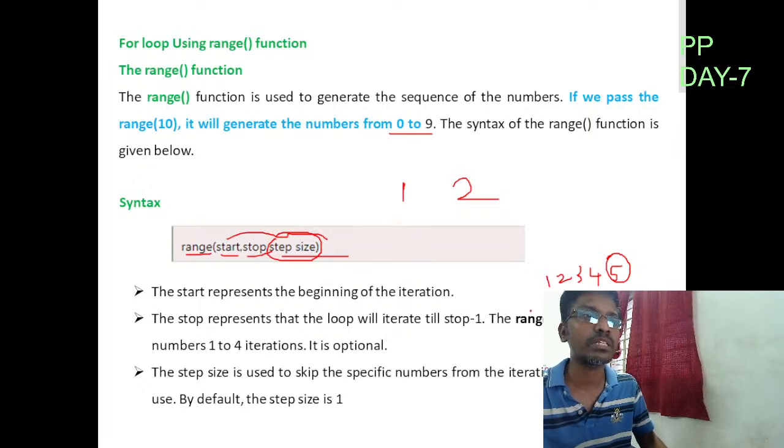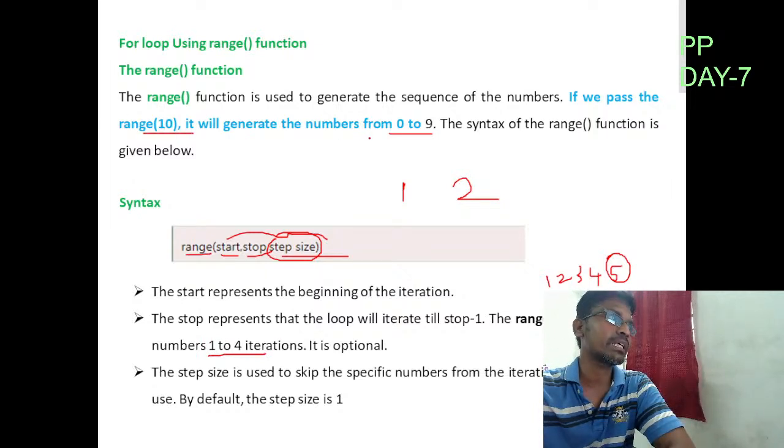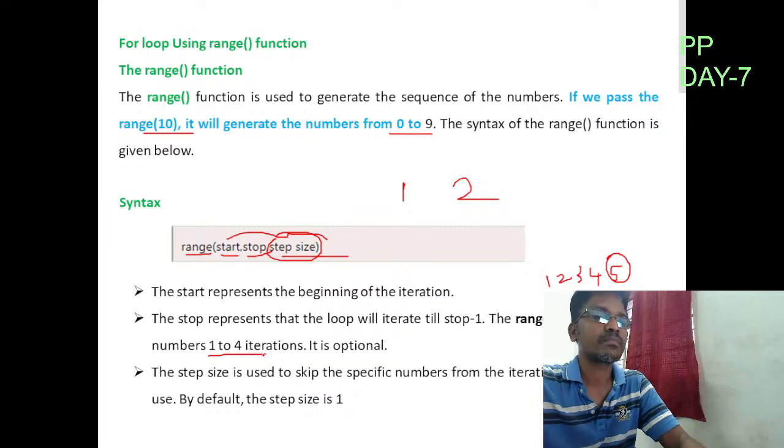That's why it will print the elements from 1 to 4 only. For example, if I give range of 10, then it will print the numbers from 0 to 9. If we give 1 comma 5, then 1 is included and 5 is excluded. So I got the output 1 to 4 only. That means it will perform 1 to 4 iterations only.